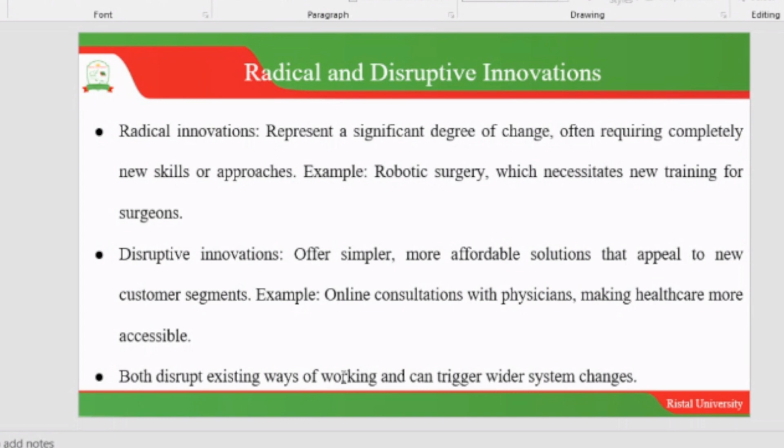When it came into place, because it was really new, it necessitated new training of these surgeons, okay? So that is why we are calling it radical.